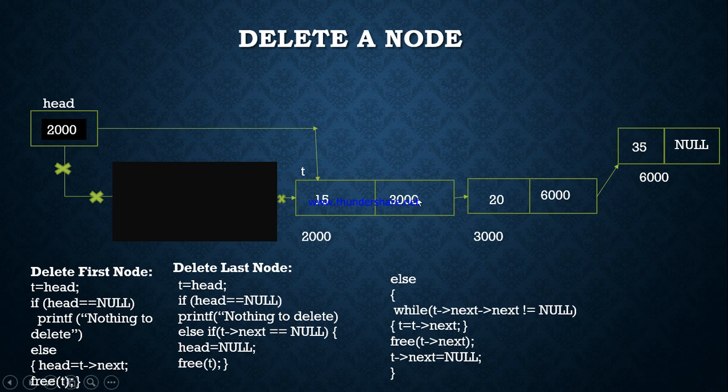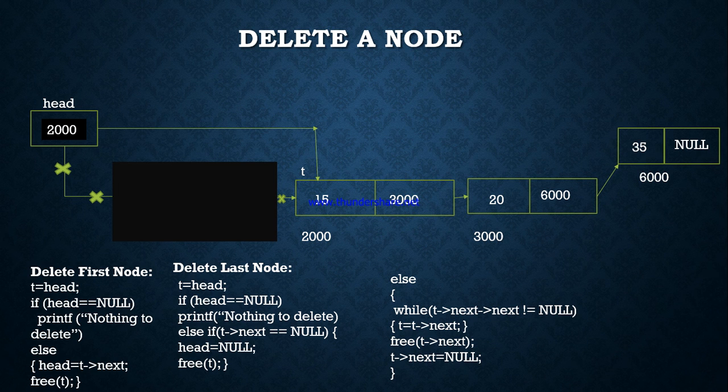If this value is null, that means there is only one node in this linked list. Suppose T points to the node 2000, so T of next equals null, that means there is only one node in our linked list.